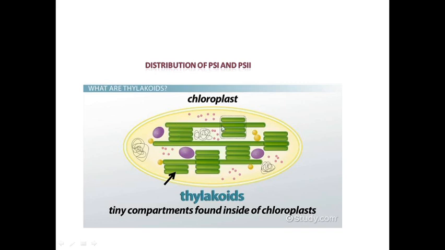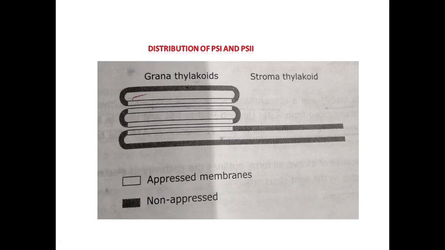So this was my point. Now coming to the distribution of pigment system first and pigment system second, you must know another concept. This is a grana thylakoid, this is a stroma thylakoid. You see the dark regions here; these dark regions are called non-appressed thylakoids, because they are not pressed together.